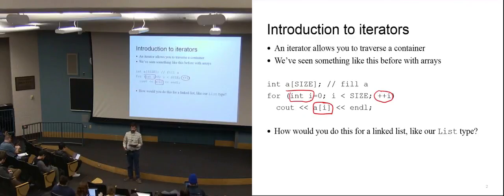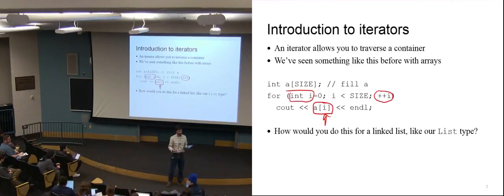This works fine for arrays. It works fine for vectors. But can we do this with our linked list? No. But are you with me that it would be really convenient if we could visit each item in the linked list? Yeah. So we need some other way to do it.